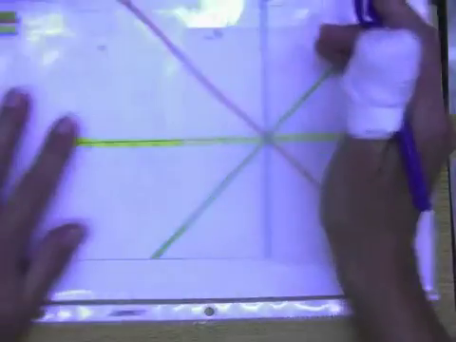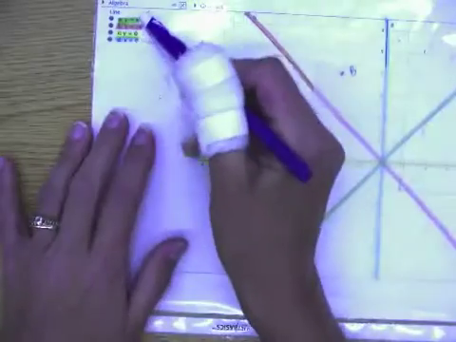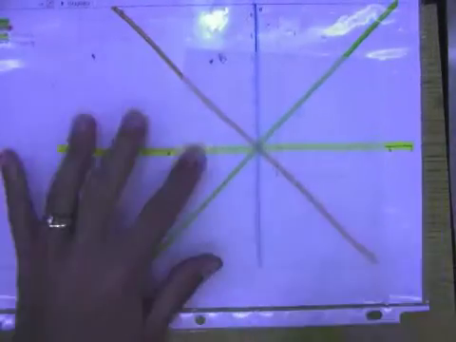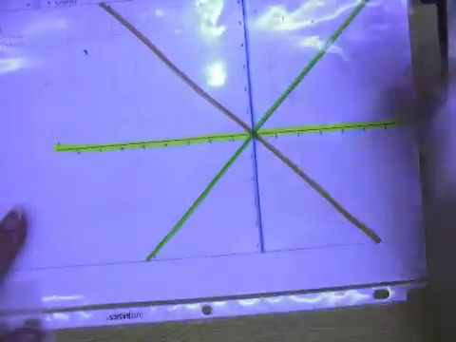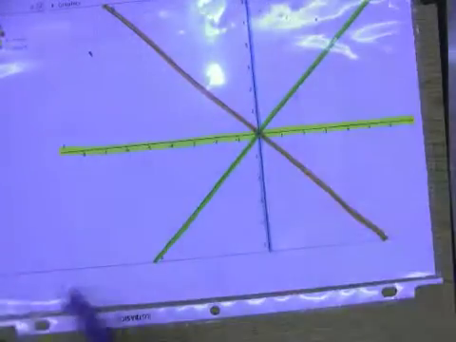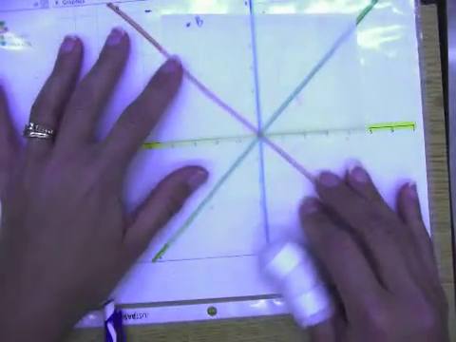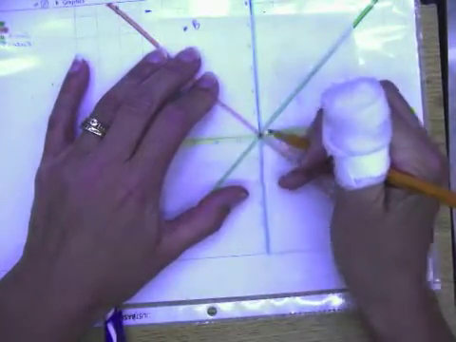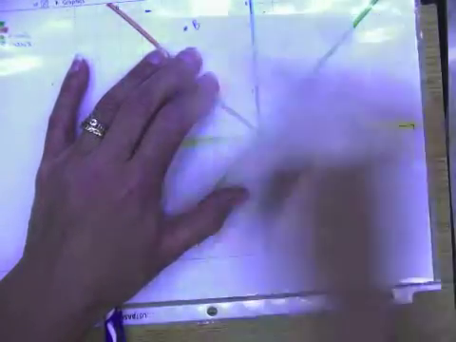The next reflection I'm asked for is over the line y = x. On my key, the line y = x is indicated in green. Now, I don't know how good green shows up on your screen, but this is the green line. So I put the point at its original location.